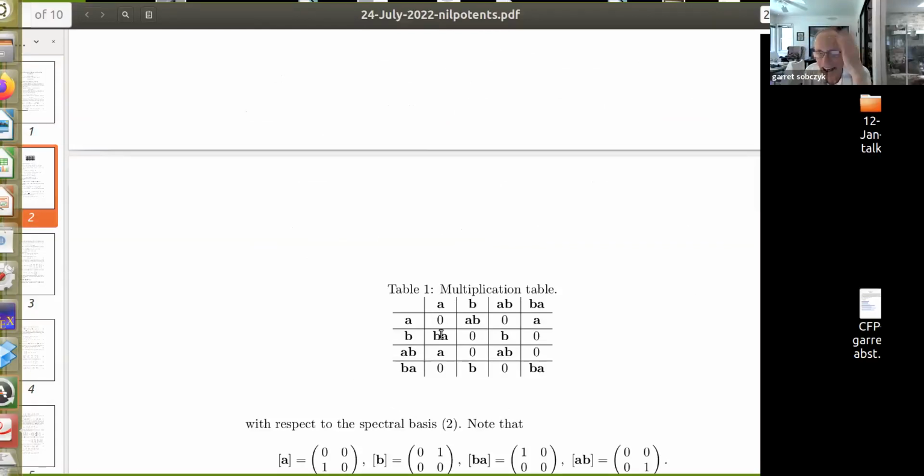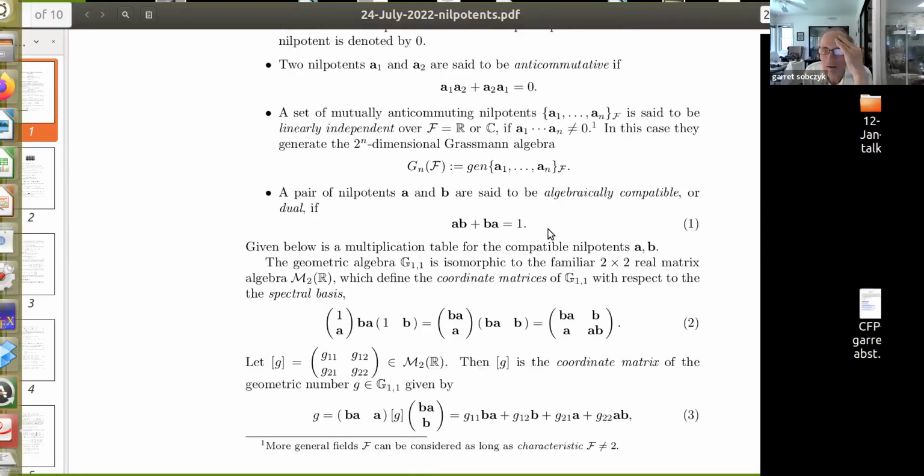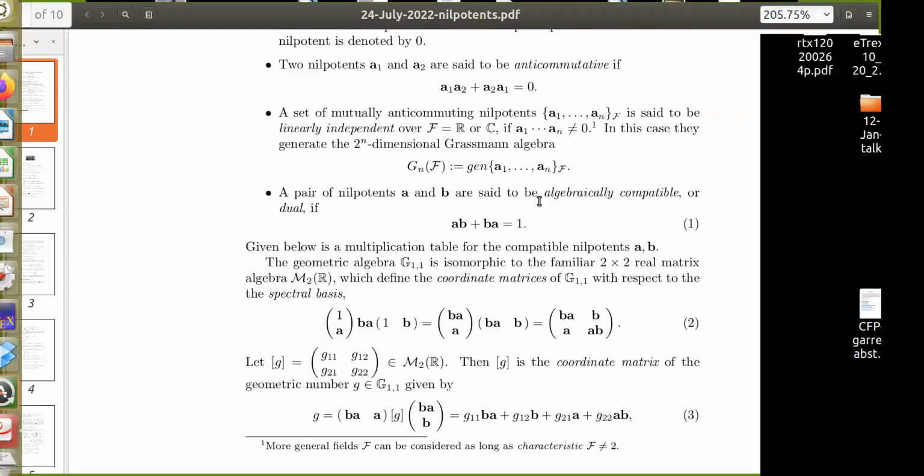I don't say what that is because I haven't said anything about it yet. But I have B times AB is equal to B. Well, why is that? Well, I'm multiplying on the right by B. So I get A times B squared. Well, that's 0. So I get BAB is equal to B. Okay. Yeah, all of that's very clear, I think.